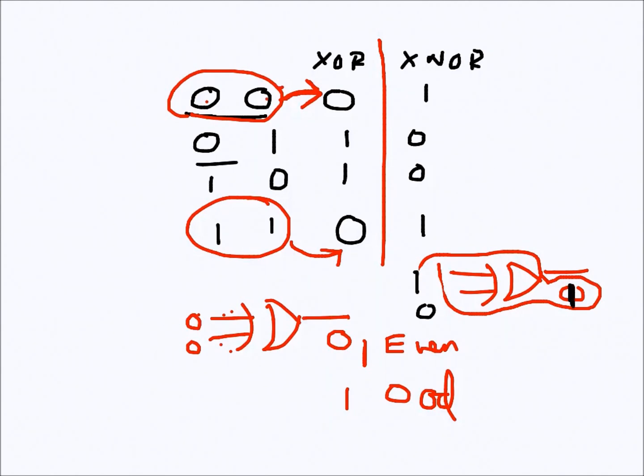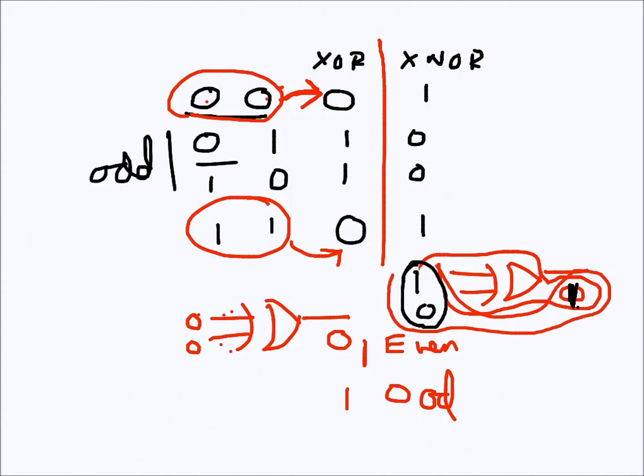Why is this 1? Because this here is an odd parity, and since this is an odd parity, we are getting 1 here. As we said, this will give the odd parity, but also these 3 bits together are creating an even parity.